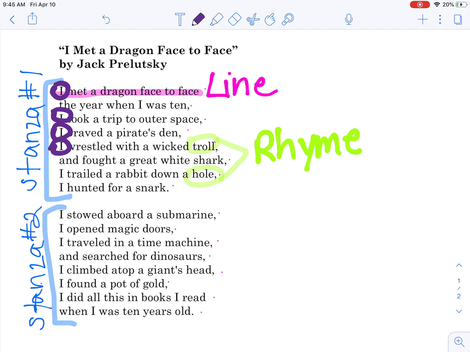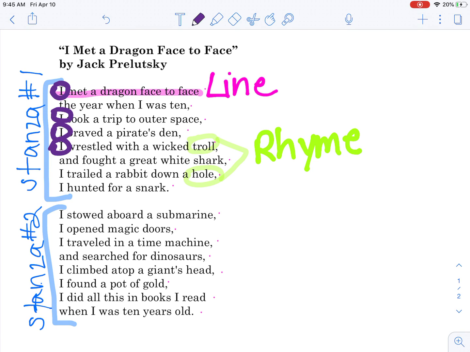So he's saying that when he was a kid, he did all these different things in the books he read. So he probably read a bunch of different books that were about dragons or pirates or fighting sharks. And he's saying that he was able to imagine that he actually did these things because he read that book. So I is an example of repetition.